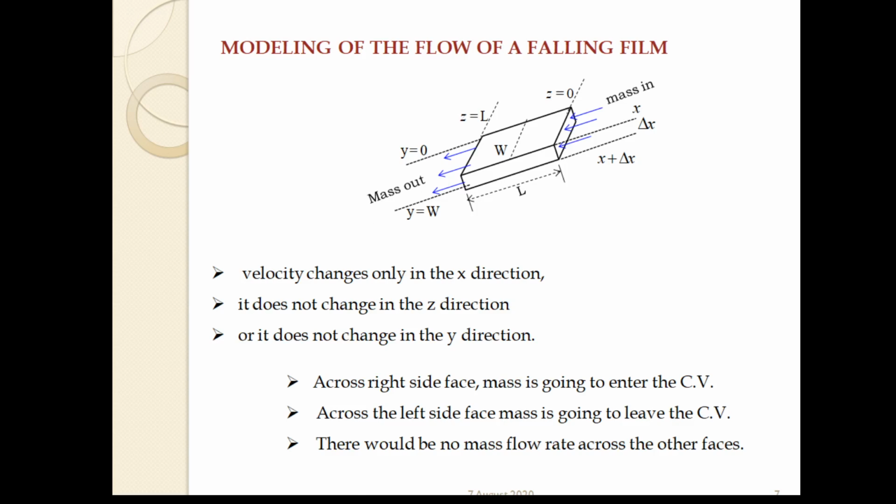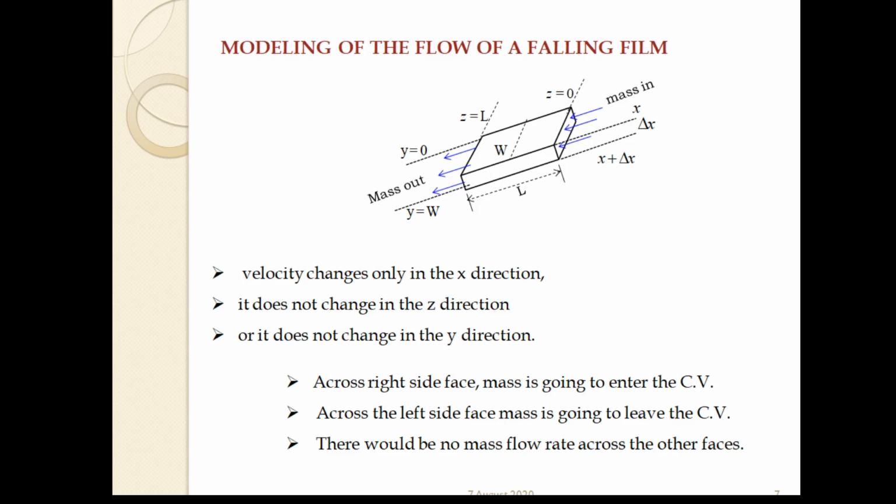Because it is the velocity in the z direction, where mu is the viscosity. The gradient expression at the bottom of the control volume will remain the same. The only thing is that we are evaluating it at x plus del x. So one is at x and another is at x plus del x.